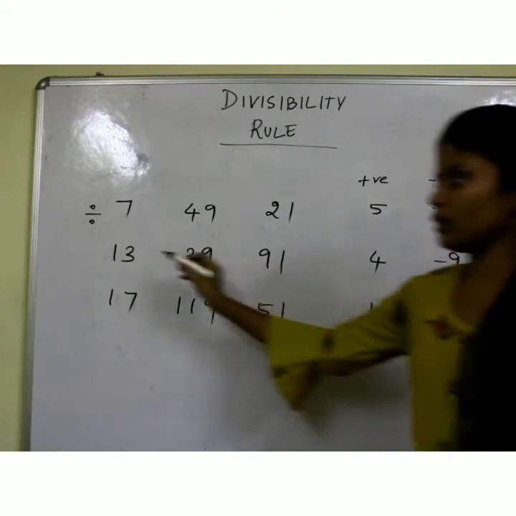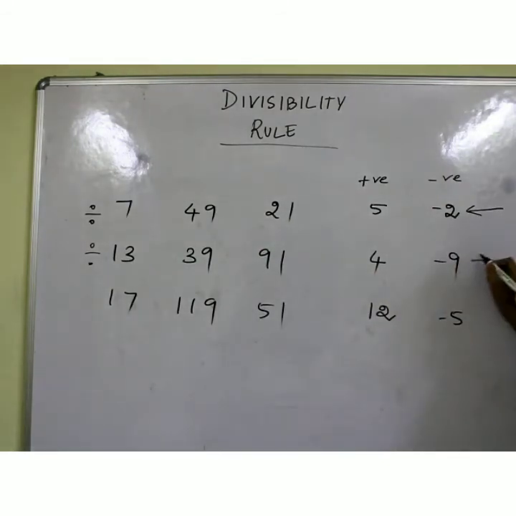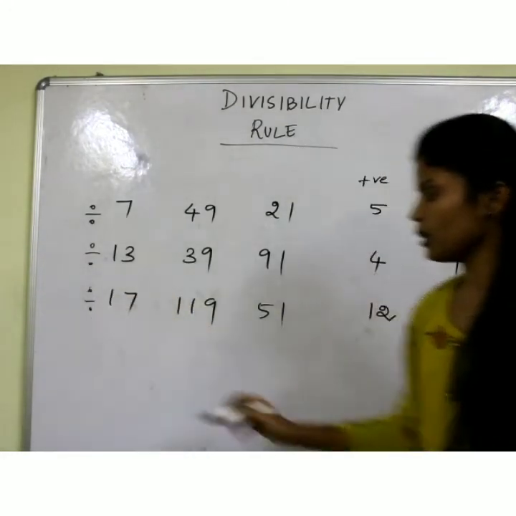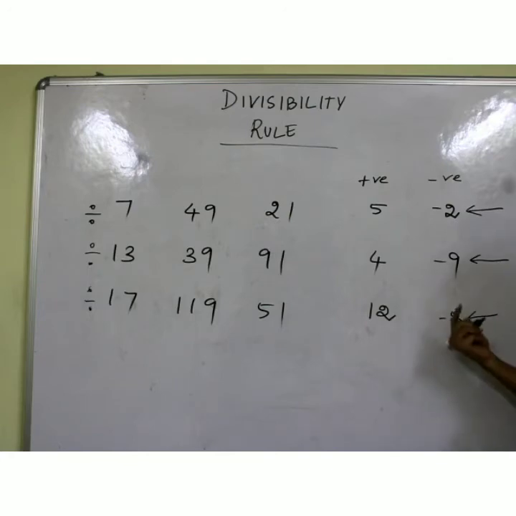For the divisibility rule of 13, you are going to multiply the unit digit of the given number with 9 and subtract it from the remaining numbers, and repeat it until you get a single digit number. Similarly, for the divisibility rule of 17 also, you take the last digit of the given number, multiply it with 5 and keep on subtracting until you get a single digit number.